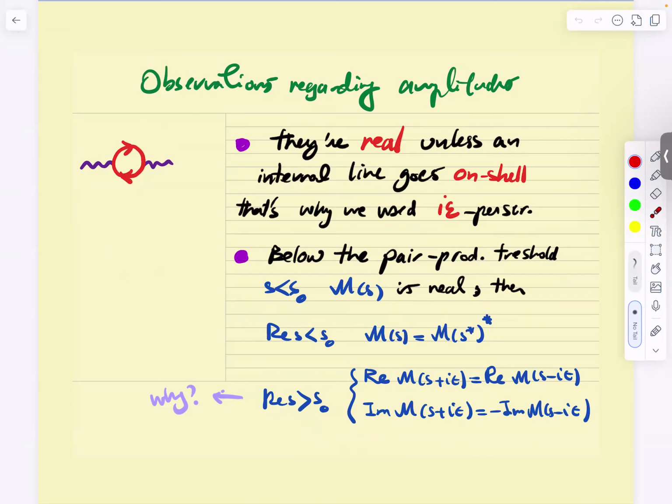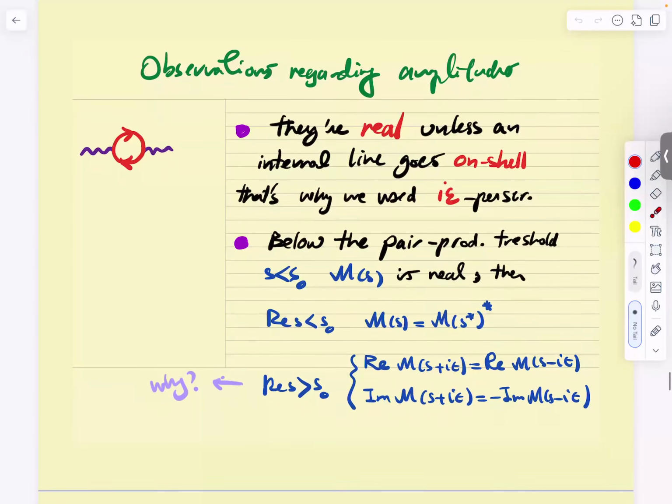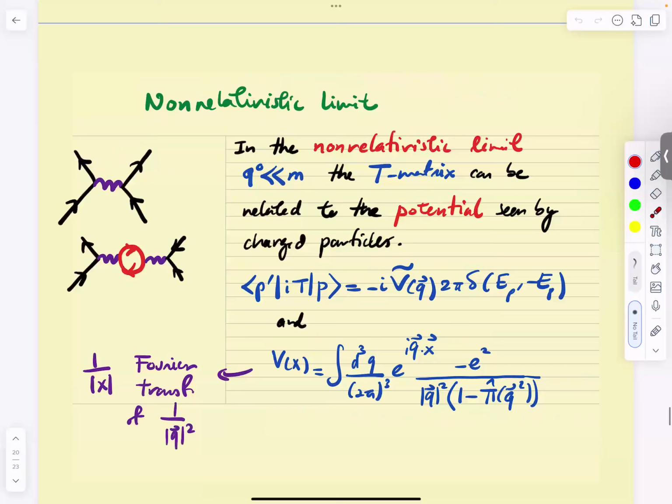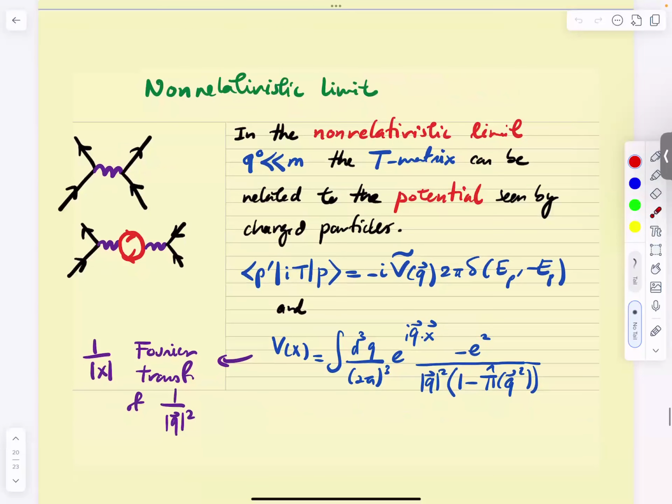Above the pair production threshold, you'll find imaginary parts. The imaginary part is related to the amplitude squared of such processes. That's a consequence of unitarity. Good? All right, any questions?